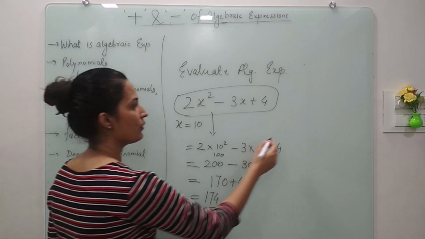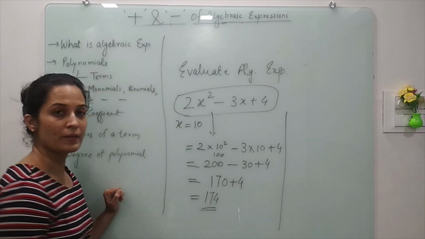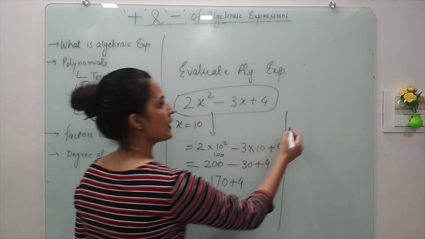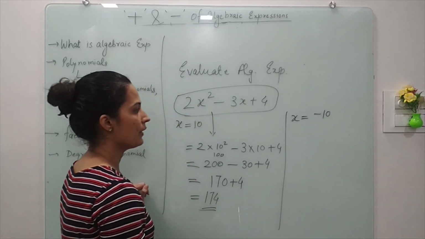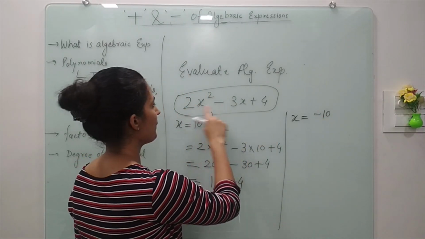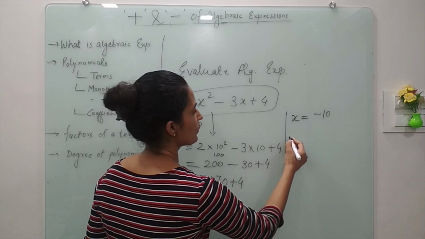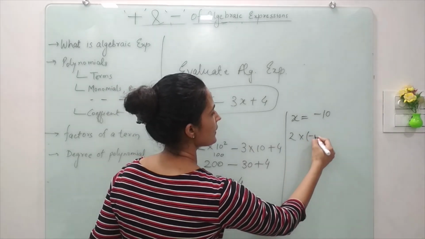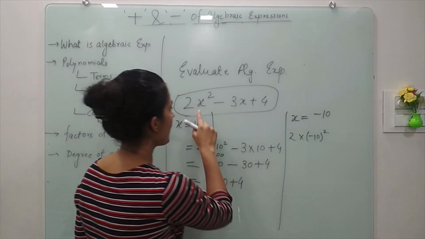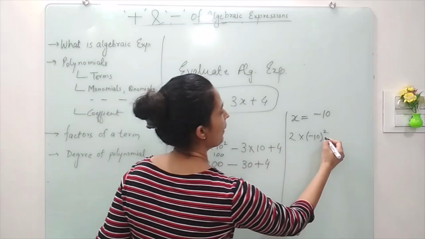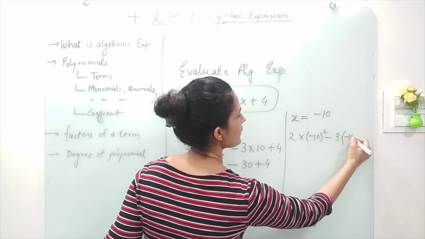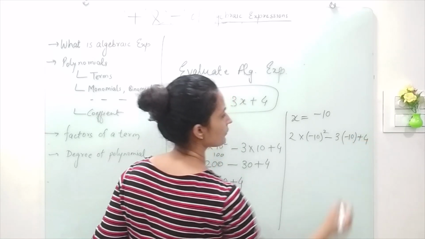Now let's see one more example with a negative value. Say for example x is equal to minus 10. In this case I will replace x with minus 10. So this is 2 into minus 10 square, since x here is minus 10, minus 3 into minus 10 plus 4.